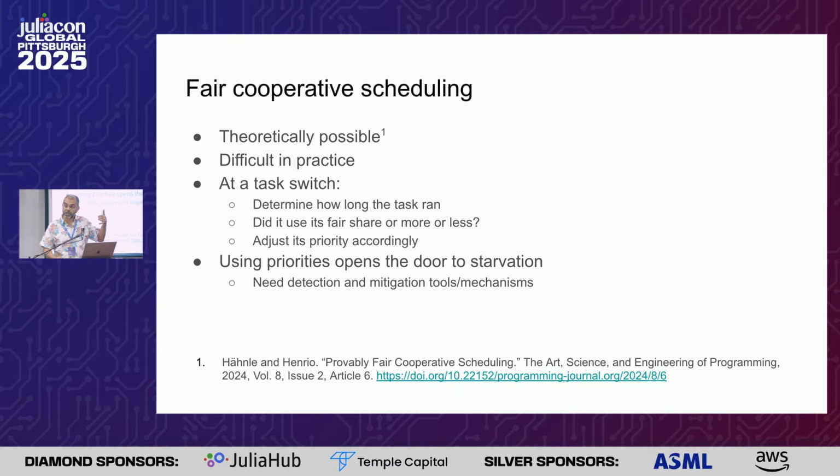Did it use its fair share? Did it use more? Did it use less? And then we tweak its priority so that we are trying to be more fair to the remaining tasks in the system. Unfortunately, as soon as you start doing priorities, we have that other engineering demand where we need to add support for detection and mitigation of starvation, and we haven't got that yet. But it is potentially a way forward.